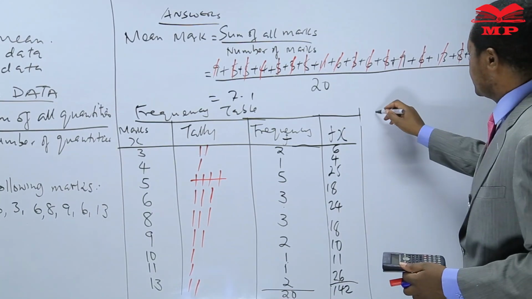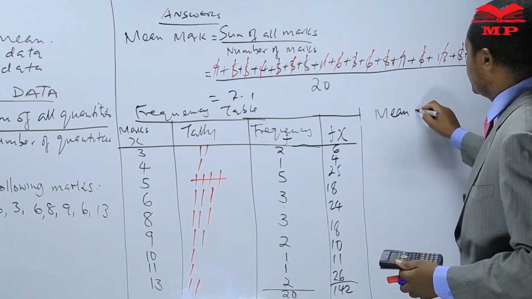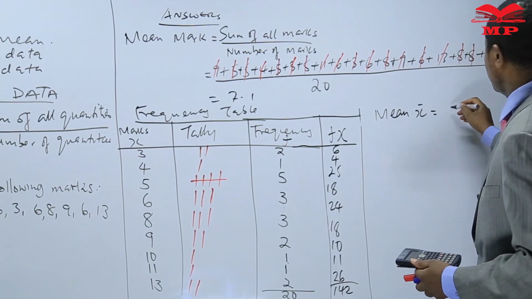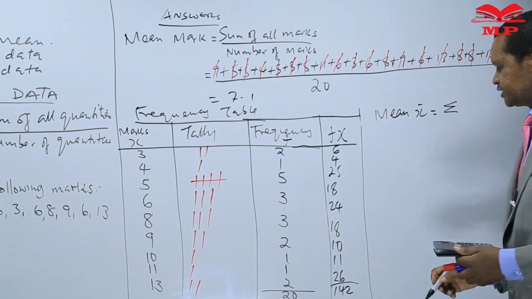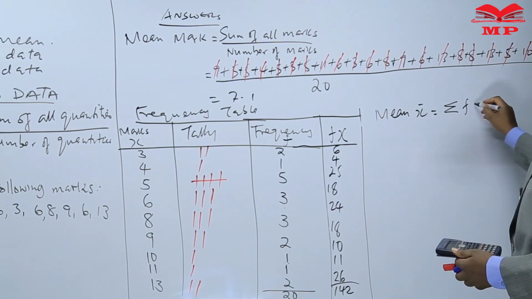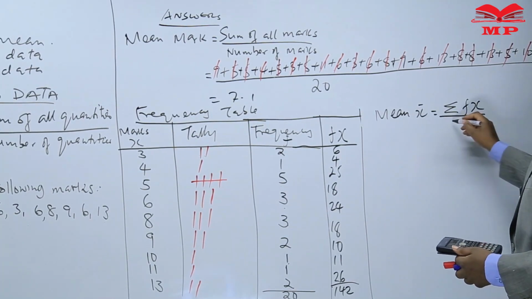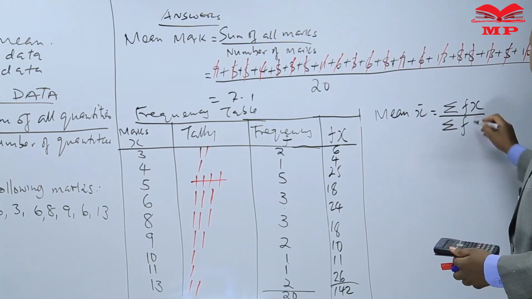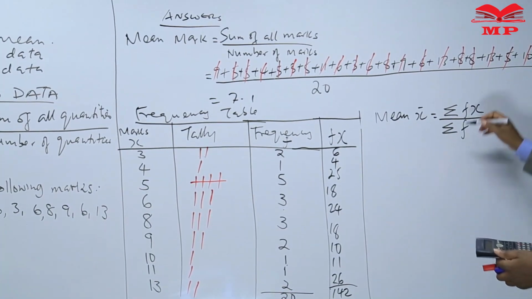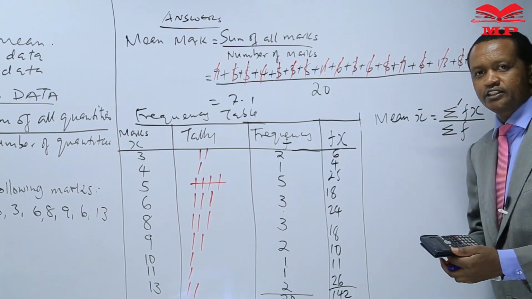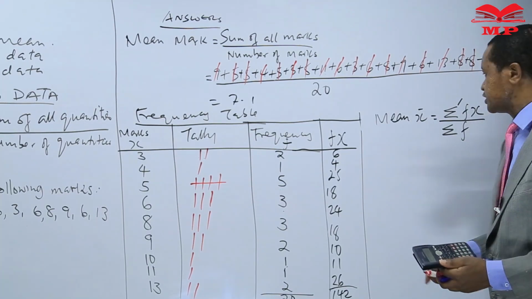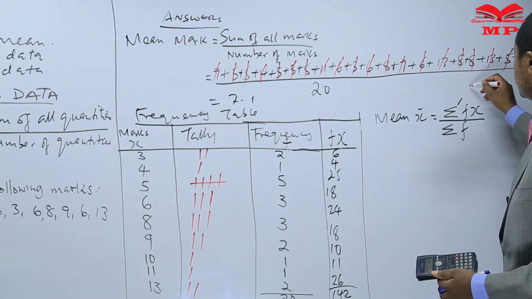So learners, mean X bar will be equal to the sum of Fx over the sum of f. Learners, this sign here is a Greek symbol, sigma.